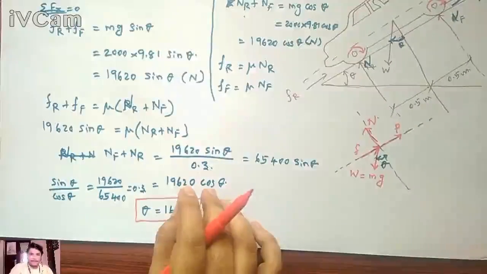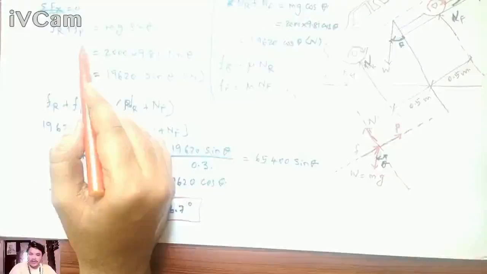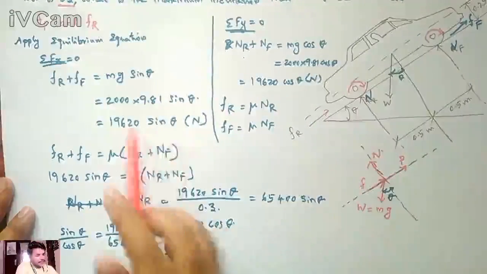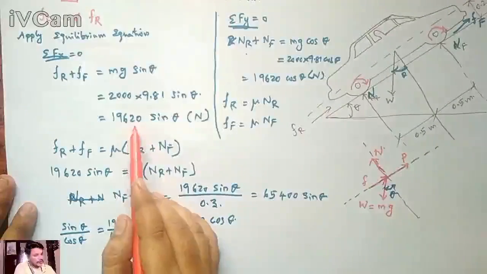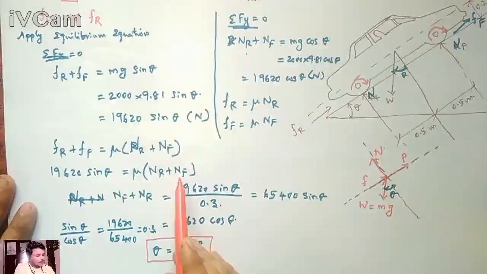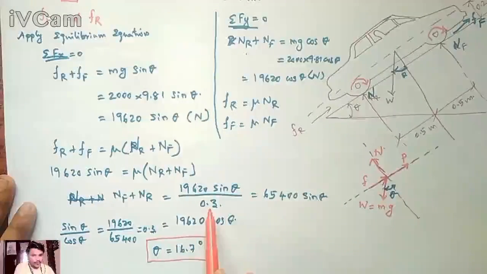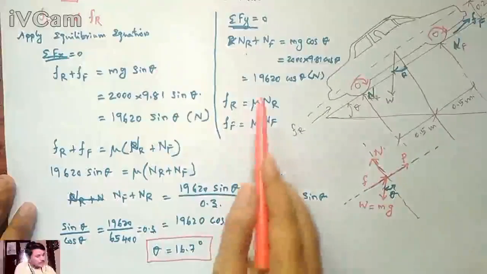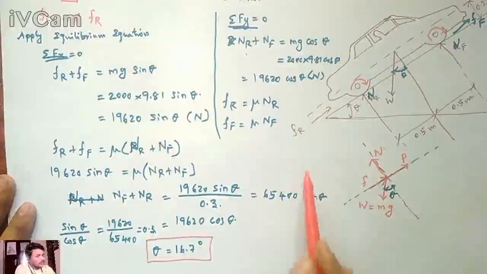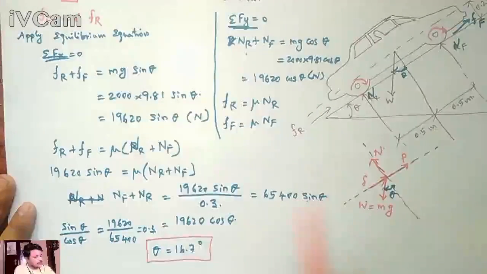So here I substituted Fr plus Ff, which is equal to 19620 sin theta, which is equal to mu into NR plus NF. From that, NR plus NF is equal to this value divided by mu 0.3. And already you calculated NR plus NF equal to 19620 cos theta. Now you can solve these two equations by cross multiplying.